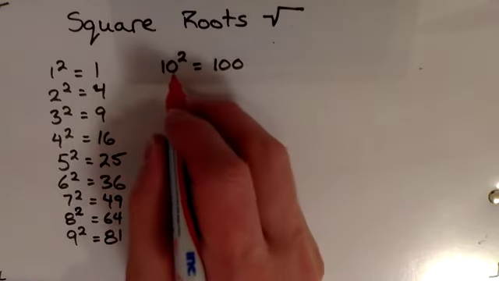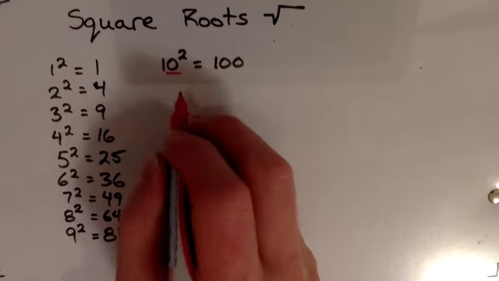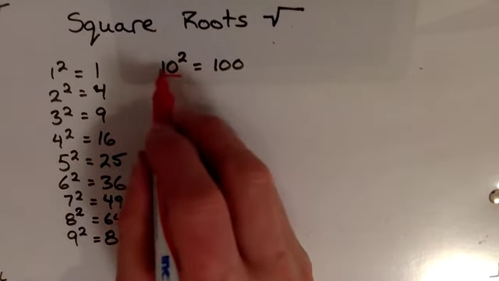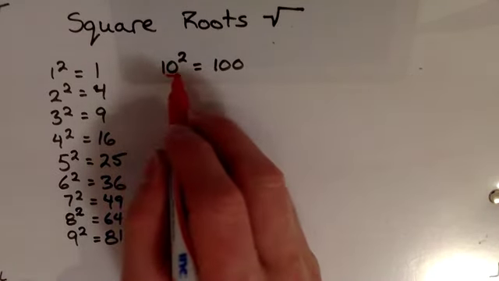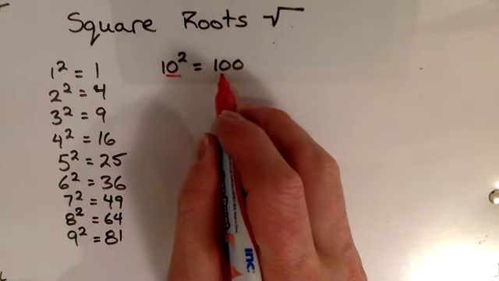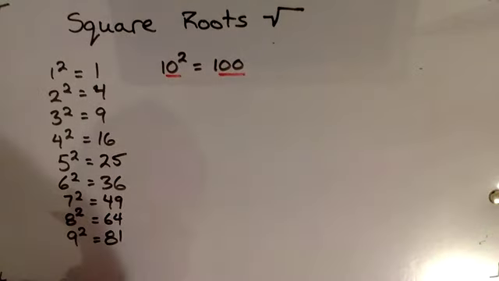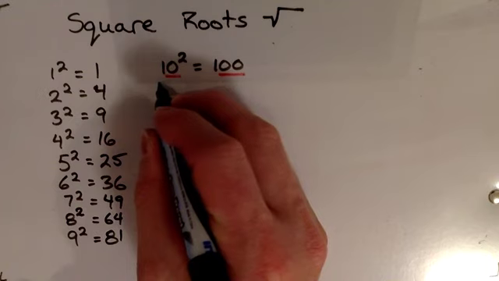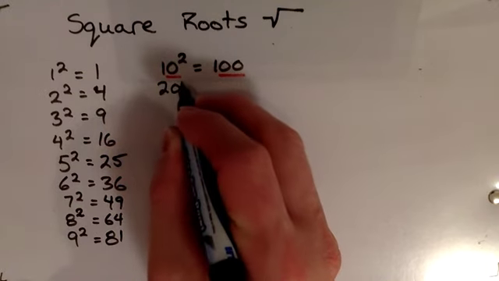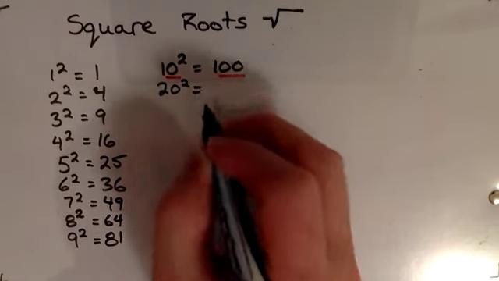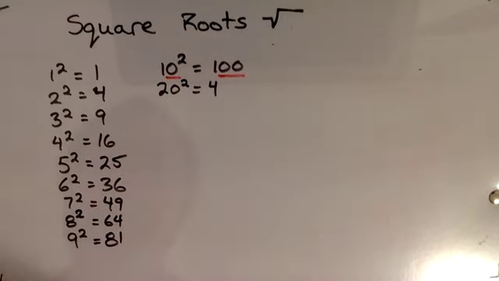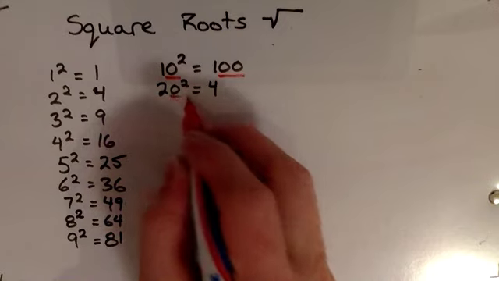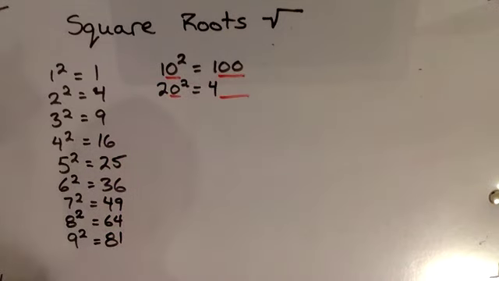So the only difference is when you have a 0 on the end, because you've got something in the tens column and then 0 in the ones column, it becomes 2 digits longer when you square it. So if you decide to square 20, then you'd be left with 4, and your 0 again turns into 2 zeros.